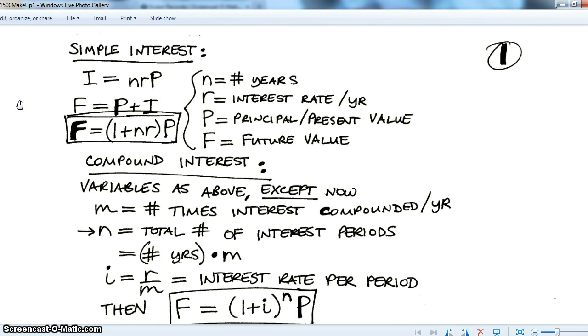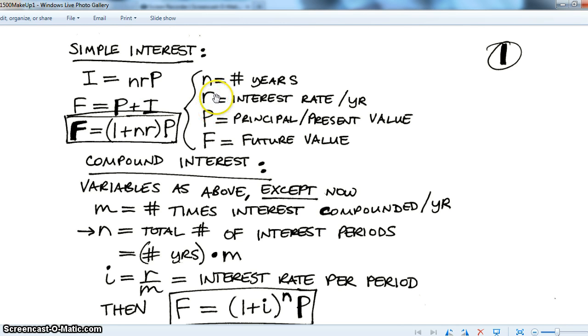Future value then is the principal plus the interest, P plus I. And you put these two together, add them, and factor out the P, you get F equals 1 plus NR times P.